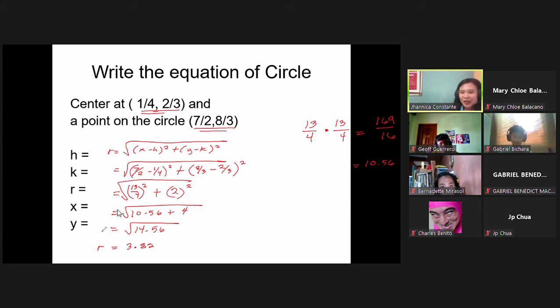But the one that you have here is a decimal, since you converted the fraction 169 over 16 into decimal. The decimal form of 169 over 16 is 10.56.